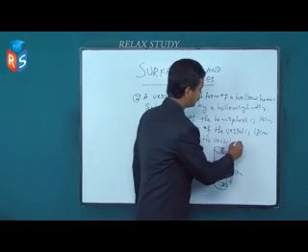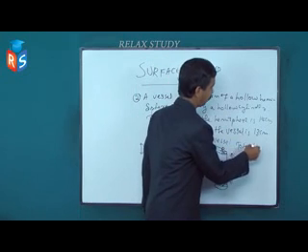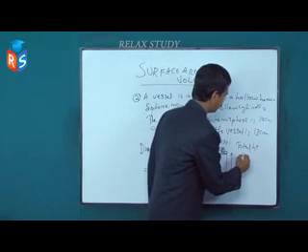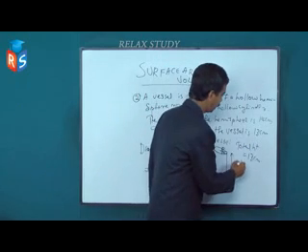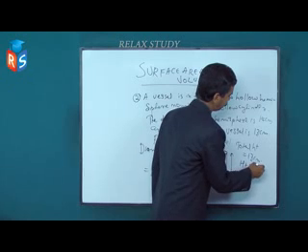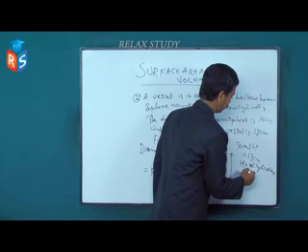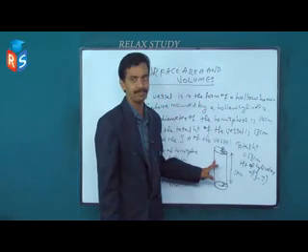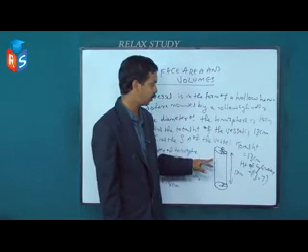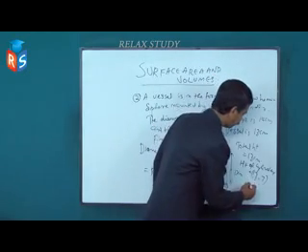So the total height of the vessel is 13 centimeter, that is given. So the height of the cylinder is 13 minus 7. We subtract the radius from the total height. So the height of the cylinder is 6 centimeter.